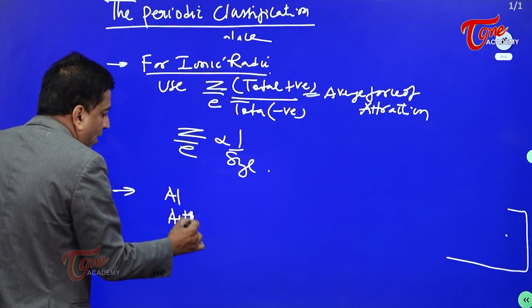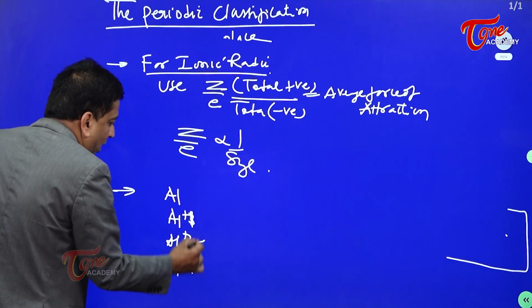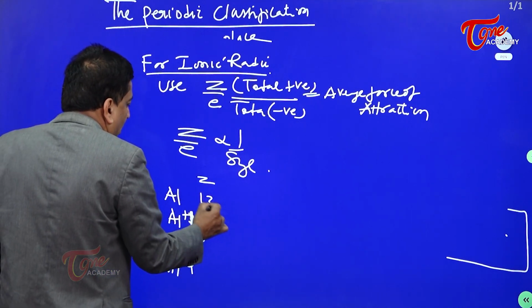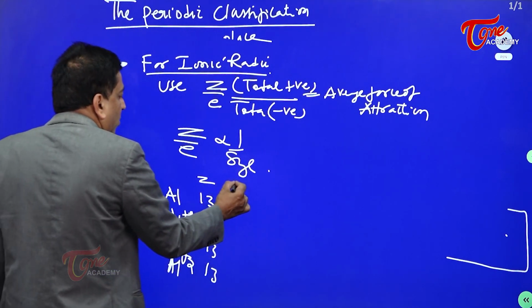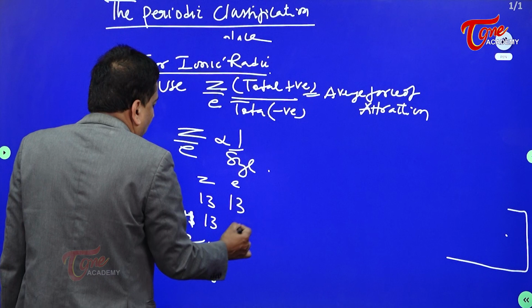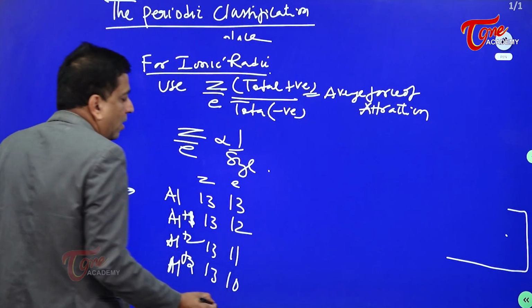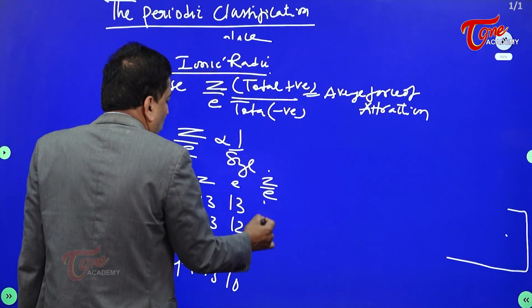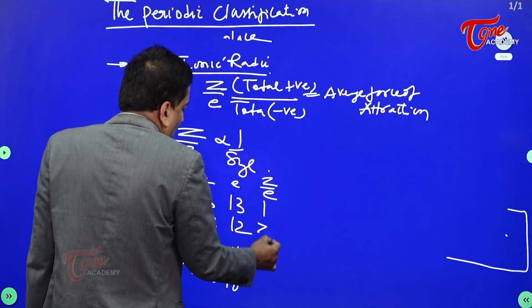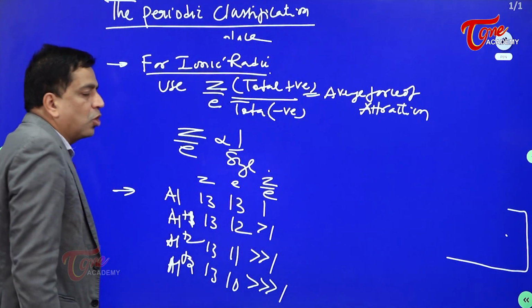For example, take aluminium, aluminium plus 1, aluminium plus 2, and aluminium plus 3. The Z is 13 and remains 13 in each. But the number of electrons is 13 for the atom, 12 here, 11 here, and 10 here. Now if you find Z by E, it is 1 for aluminium and greater than 1 for the others.